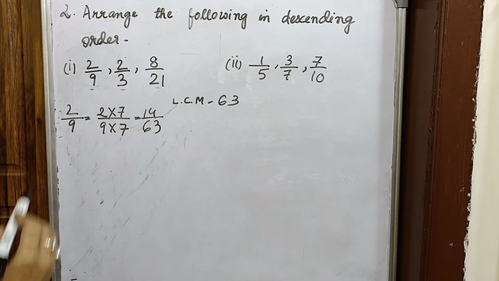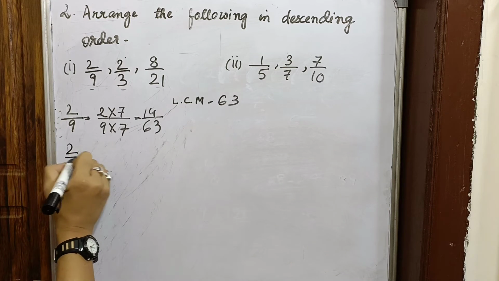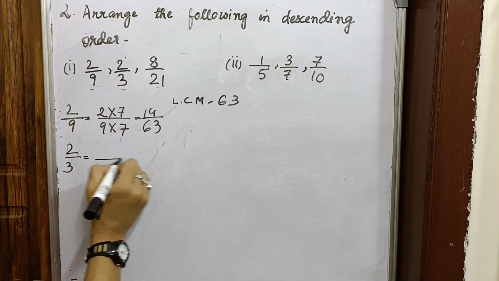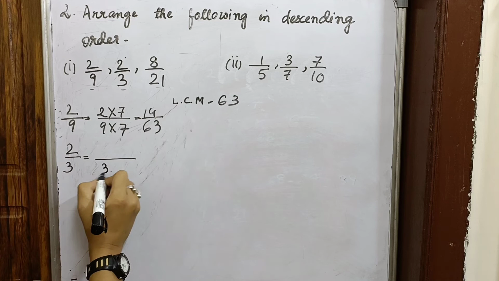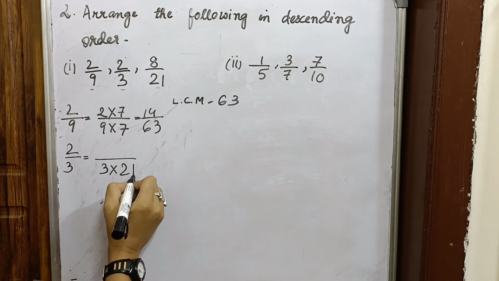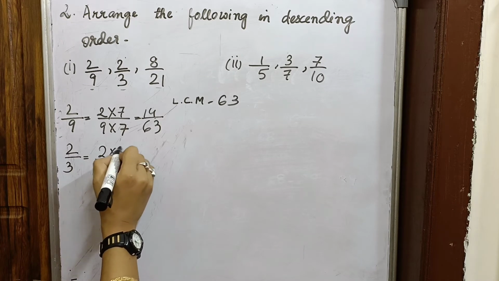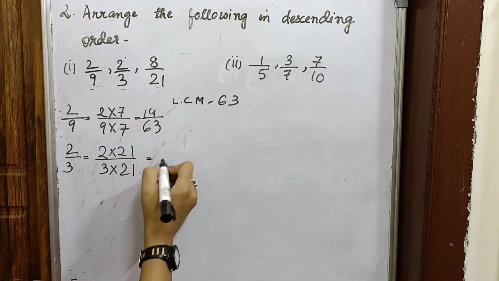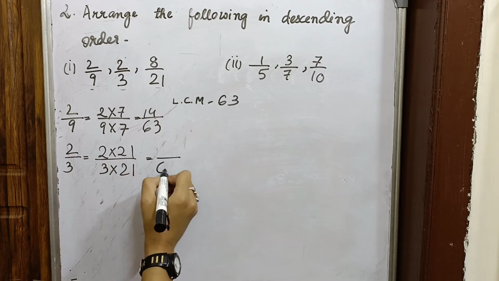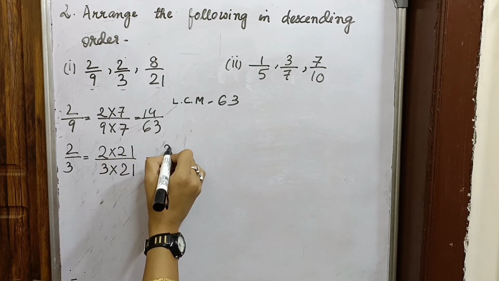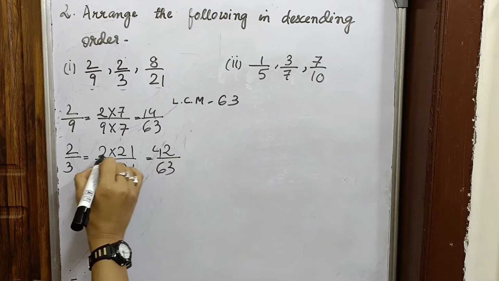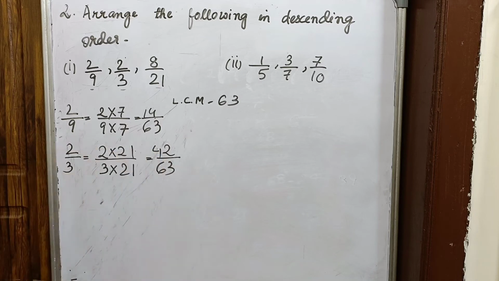Now we'll do for 2 by 3. 3 into how much is 63? 3 into 21 is 63. So 2 into 21: 2 1s are 2, 2 2s are 4. It is 42 by 63.